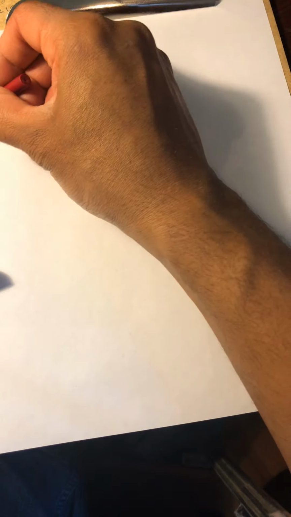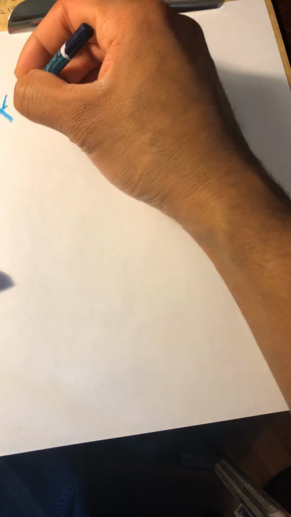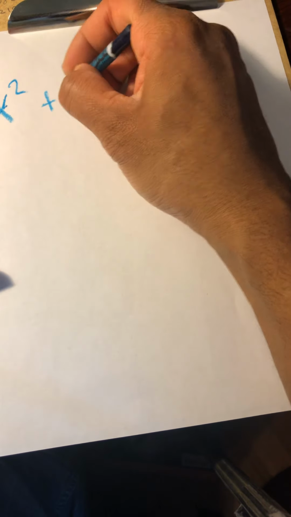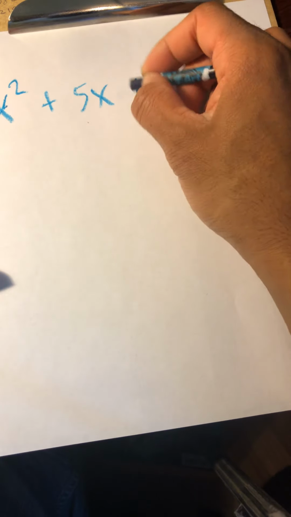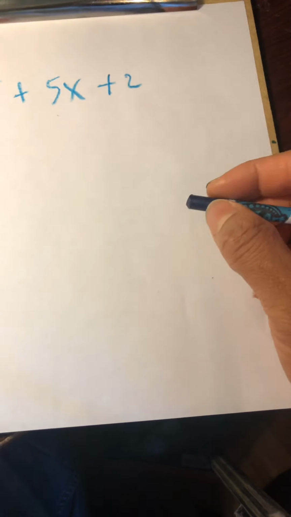All right, so let's go back to the example that I just mentioned and see if we can apply these principles. Okay, so we have x squared plus 5x plus 2. We want to complete the square with that.